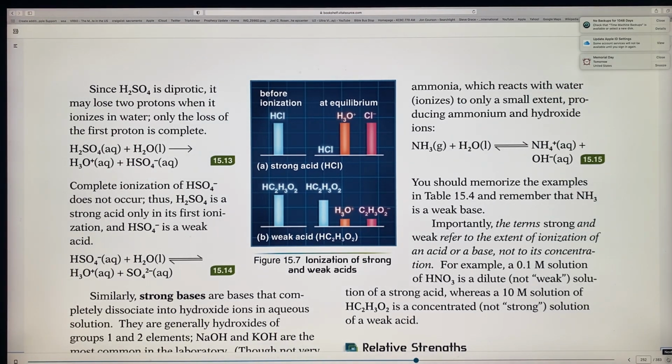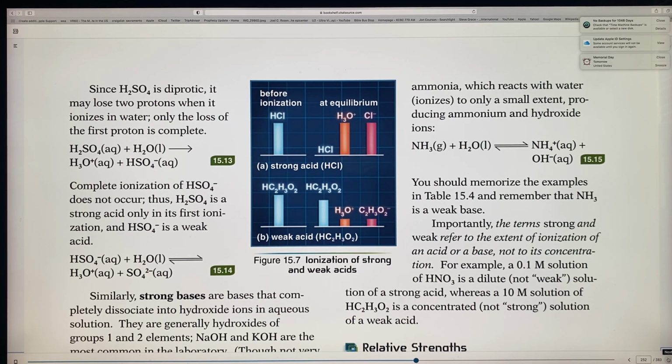Let me read this to you. It says, since sulfuric acid is diprotic, it may lose two protons when ionized in water. Only the loss of the first proton is complete.